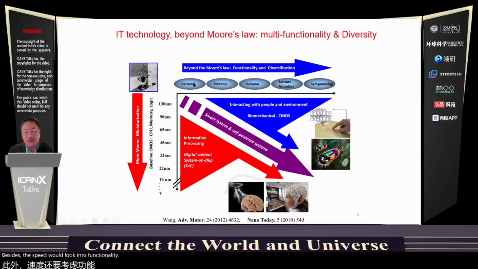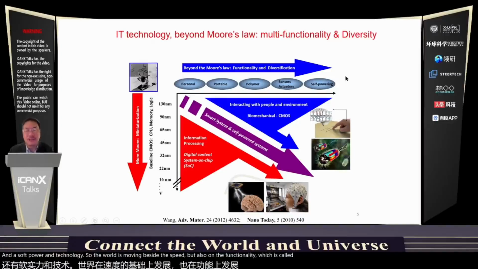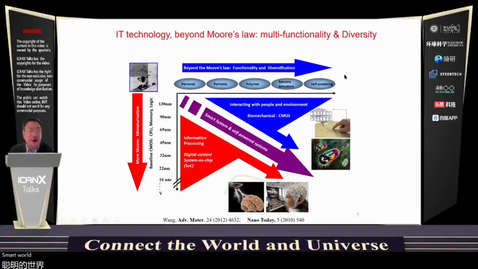We look at more things which can be integrated with our daily life, for example, wearable electronics, personal electronics, soft materials, and self-powering technology. So the world is moving beyond speed, also on functionality, which is called a smart world, smart city. Okay, so that's what we are looking at.